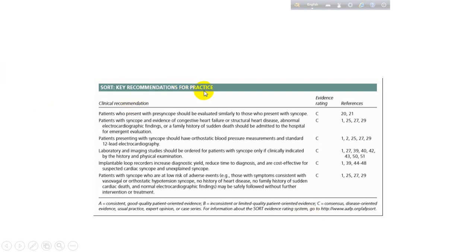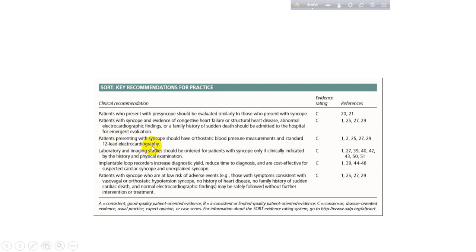Some key recommendations for practice: patients who present with syncope should be evaluated similarly to those who present with syncope. Patients with syncope and evidence of congestive heart failure and structural heart disease, abnormal ECG findings, and family history of sudden cardiac death should be admitted to hospital for emergent evaluation.